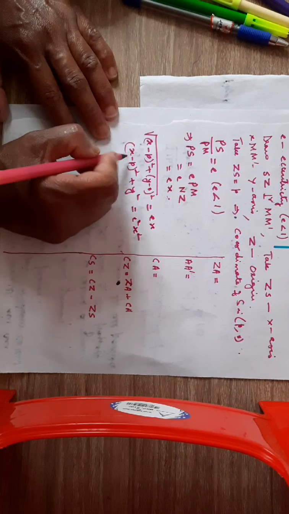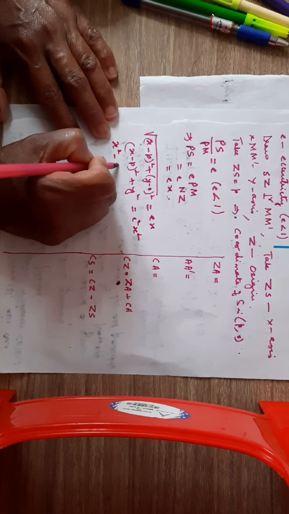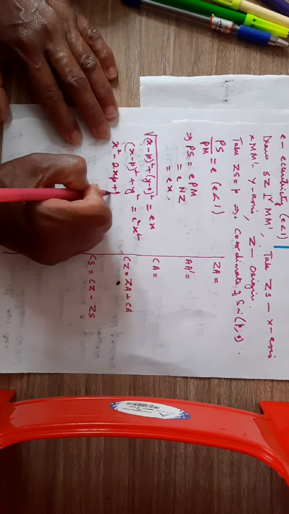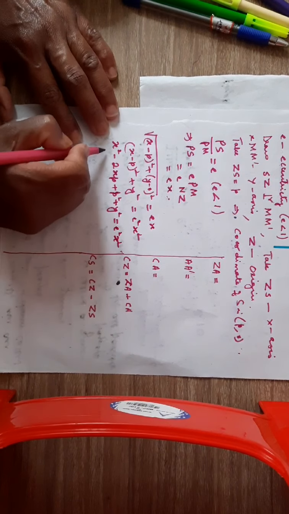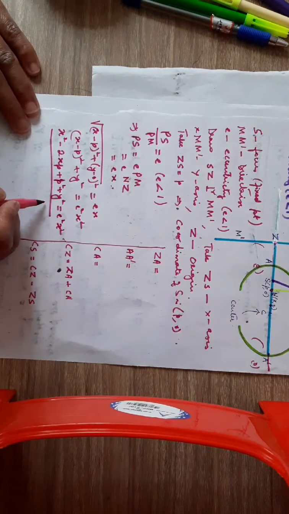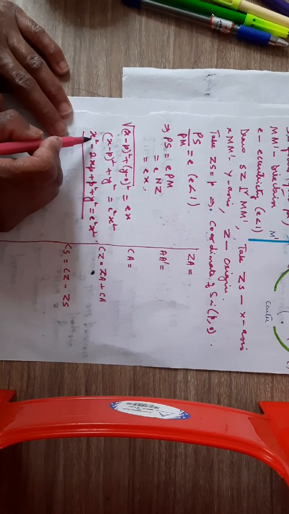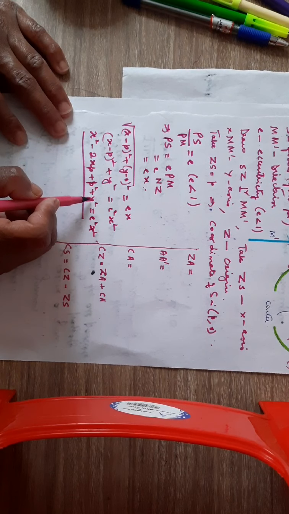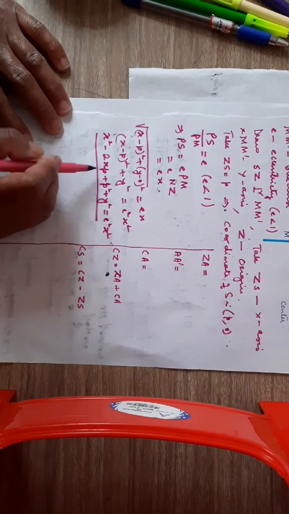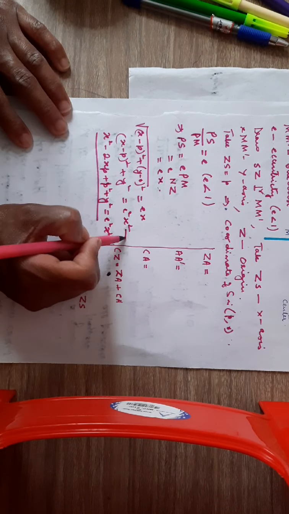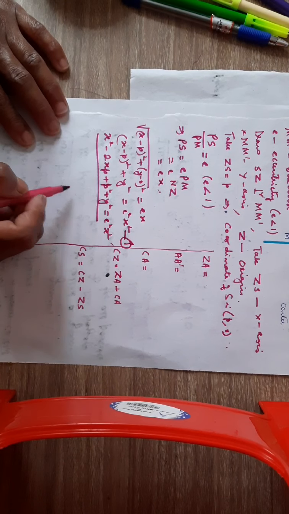Expand this one, so you'll get x square minus 2xp plus p square plus y square is equal to e square x square. So this gives you the general equation of the ellipse. It is given by x square minus 2xp plus p square plus y square is equal to e square x square. Now, I can denote this as equation 1.